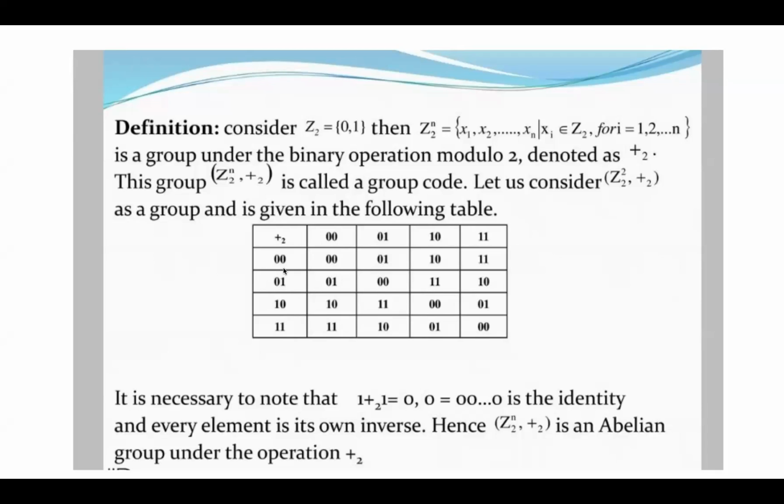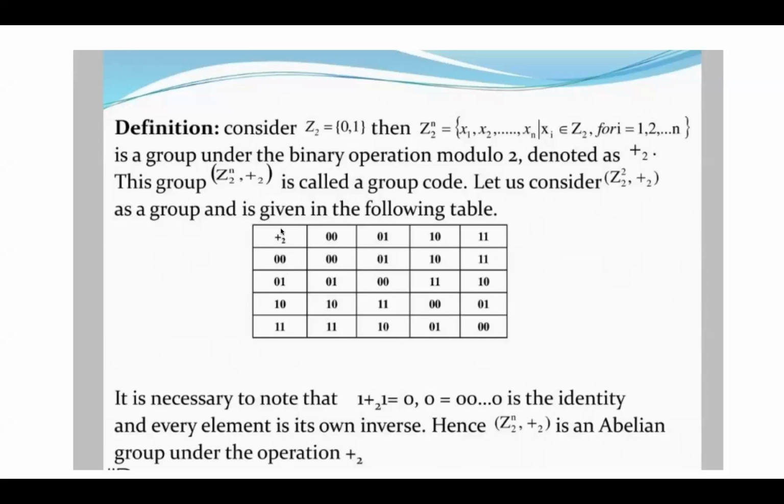Same here, because what we have to consider is binary addition between two of its elements. The elements are 00, 01, 10, 11, and we will create the composition table for this. We have to perform the binary addition operation here.